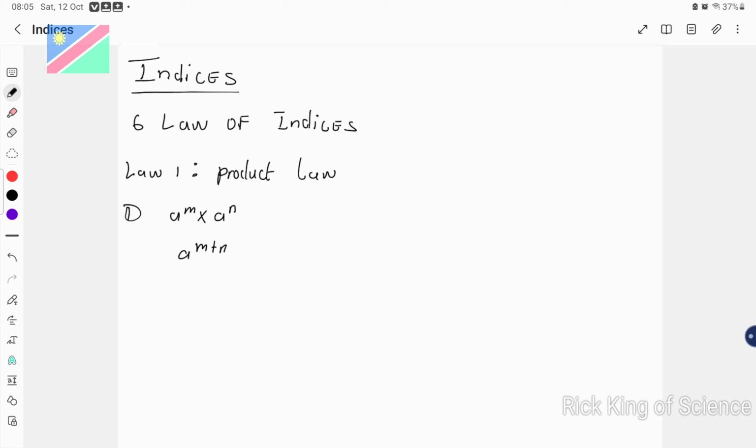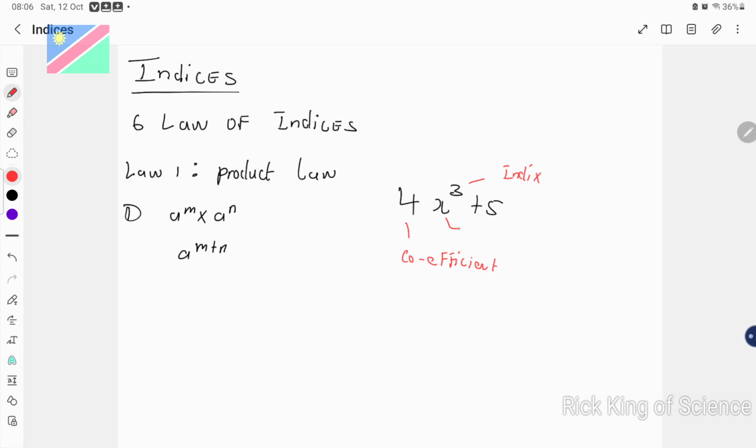how does it go? It goes like this. Let's say I have 4x power 3 plus 5. If we were to label this, we call this one a coefficient. We call this one an index or exponent.